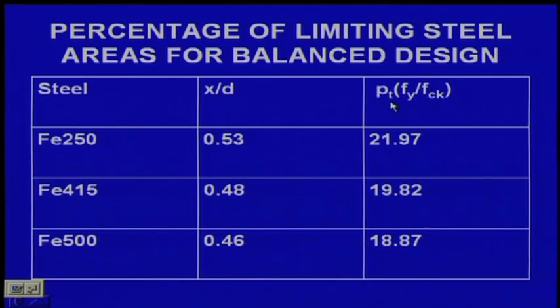Instead of percentage of steel, we have written this one P T F y by F C K, that is equal to 21.974. From there we can find out the corresponding value of P T. So, similarly for Fe 415 also we can find out, similarly for other one also. Okay. So, we shall conclude this particular class here, and we shall continue in the next class.